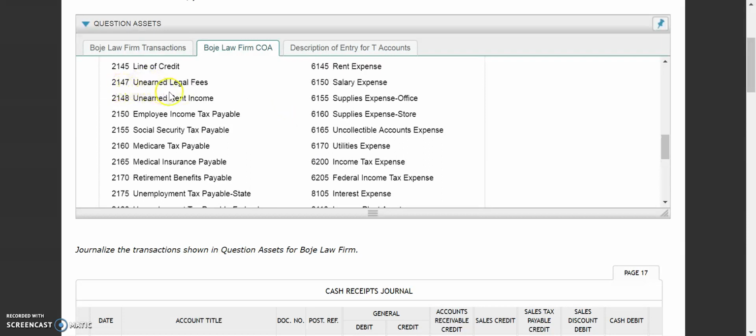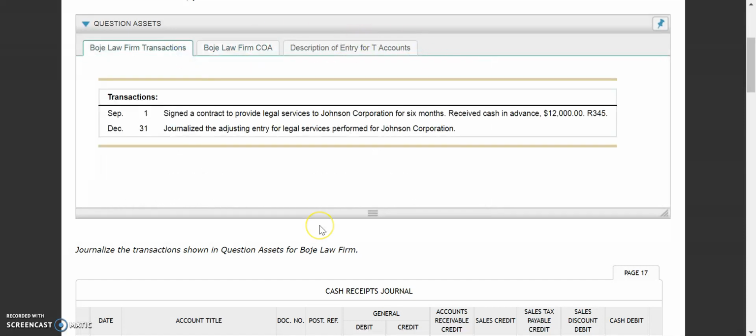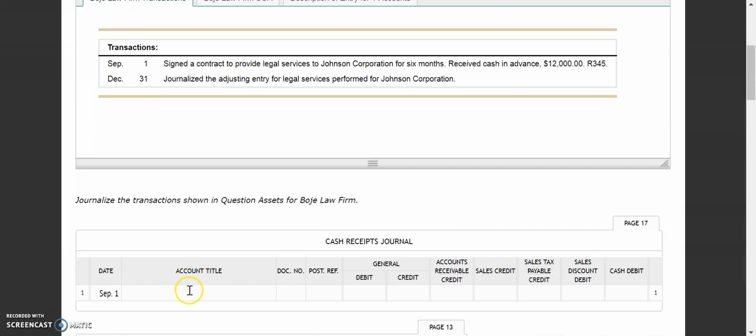For them, what it actually is these unearned legal fees right here. Because it is technically considered a liability for them until they actually perform those legal services. So the account title here is unearned legal fees. Our document number is R345.